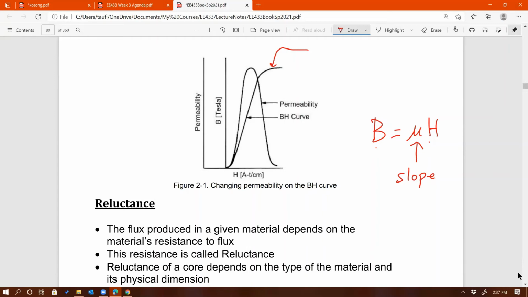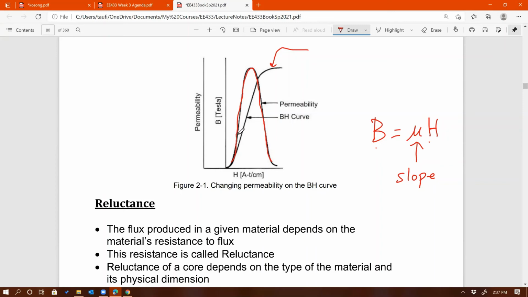So this curve right here shows the permeability, right? And you can see that at the beginning, we have basically no slope, so zero slope, and then the slope starts to increase, and then it is linear. Linear slope.